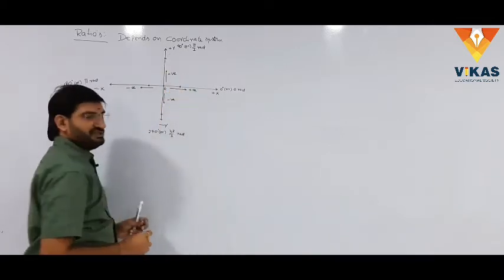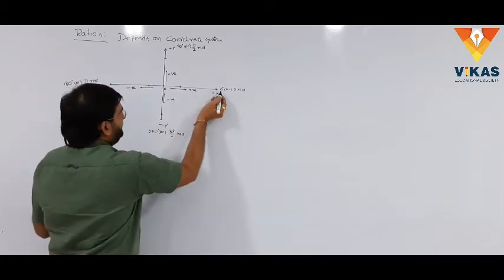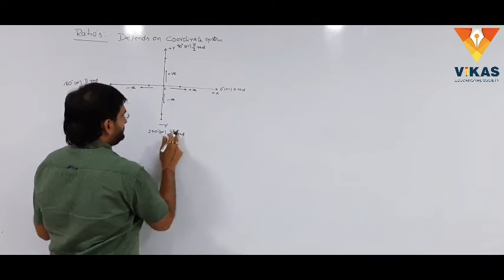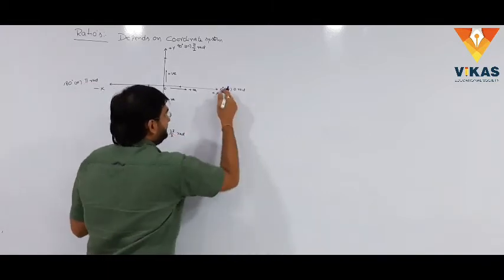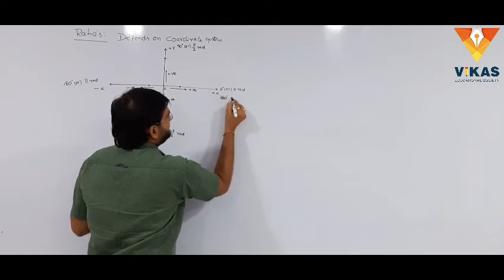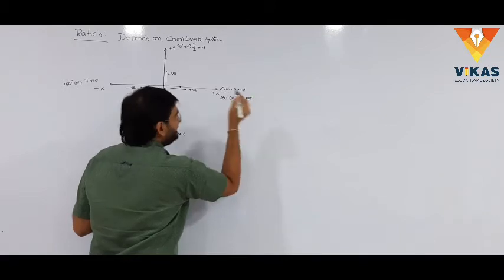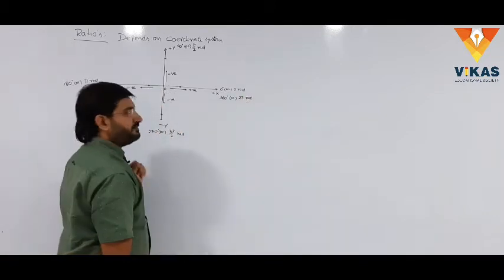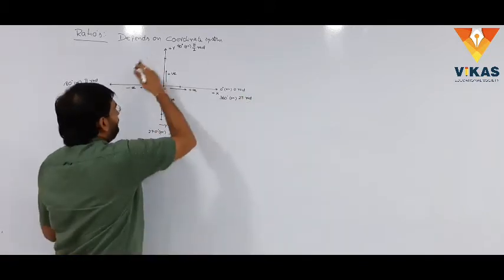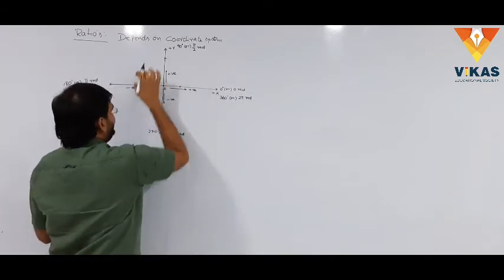One more discussion in the coordinate system. This is 270 degrees or 3 pi by 2 radian, and here this is 360 degrees or 2 pi radian. Here we observe clearly that there are 4 branches, the 4 parts in a circle.